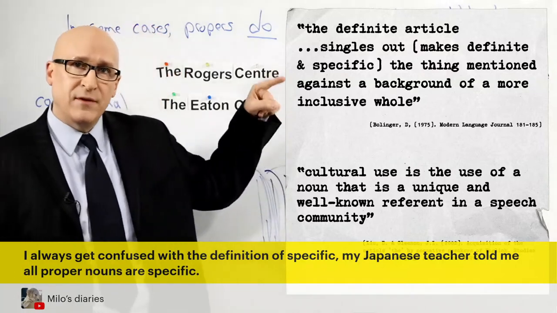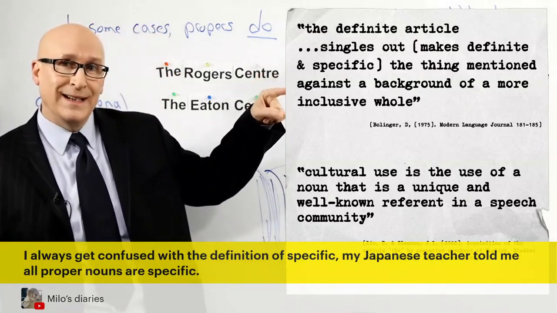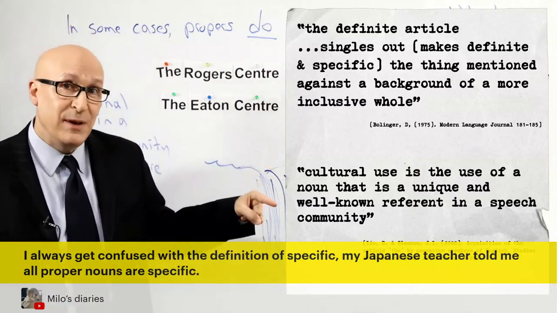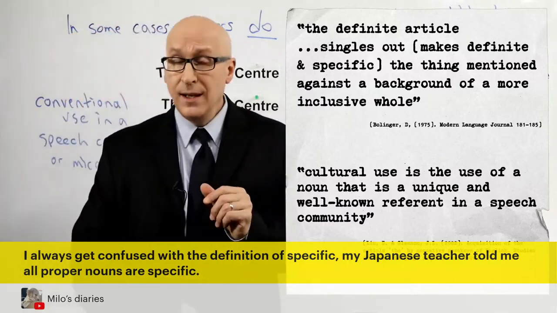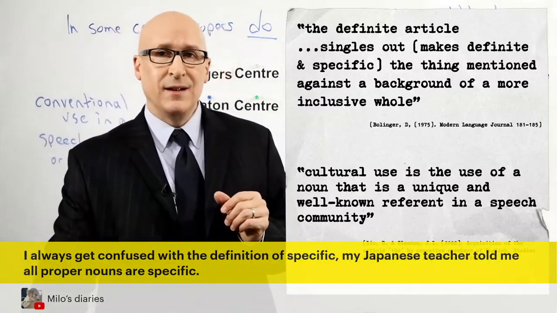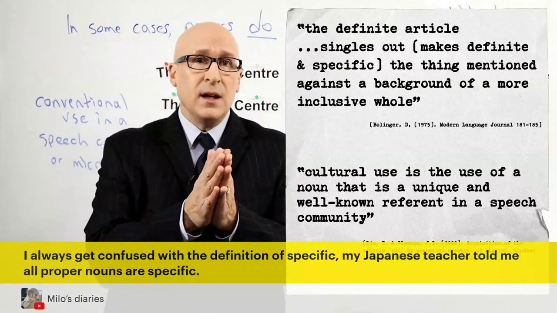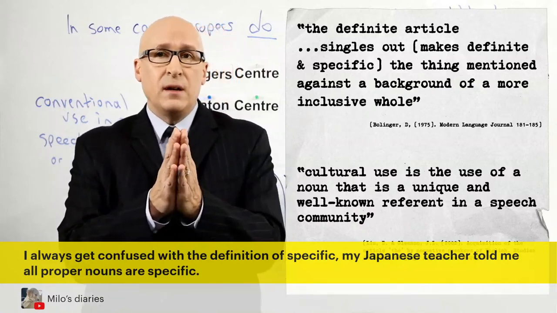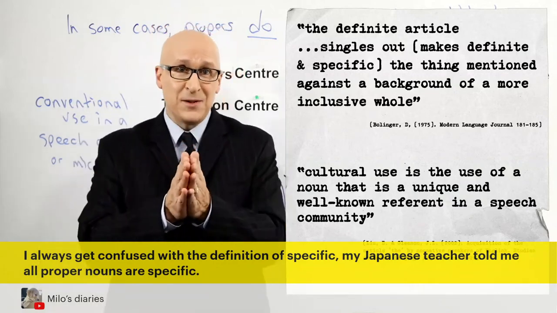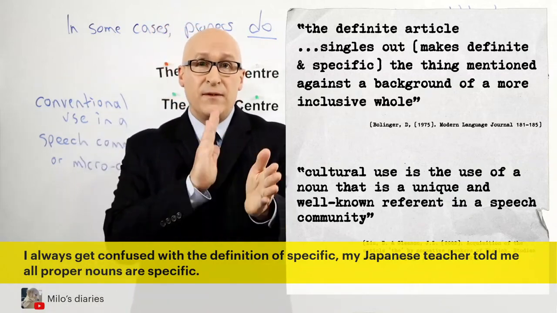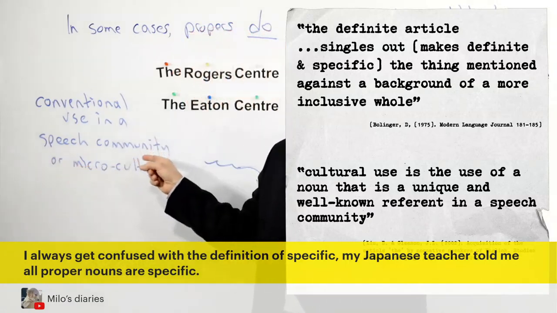But these two ideas have to work together, right? The background here that they're talking about is the speech community or the microculture. That's what makes it specific. If you and I are talking privately, just two of us, we are a speech community.